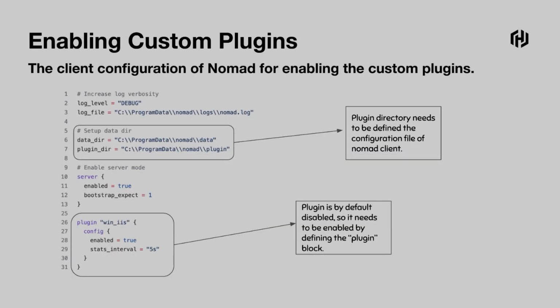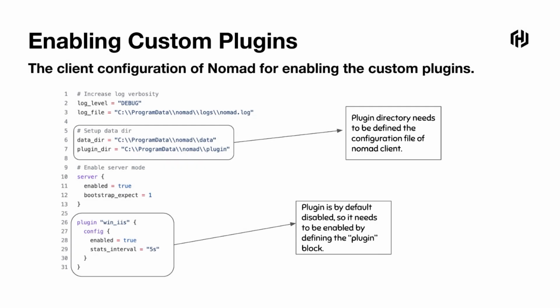Now, the question is how we were able to enable that custom plugin. Nomad provides a set of configuration where you can enable your own custom plugin. I have highlighted this area where I can define my plugin directory, where I can store my plugin. Once we have stored the plugin, Nomad will automatically pick it up. After that, you have to enable it, because by default plugins are disabled in Nomad.